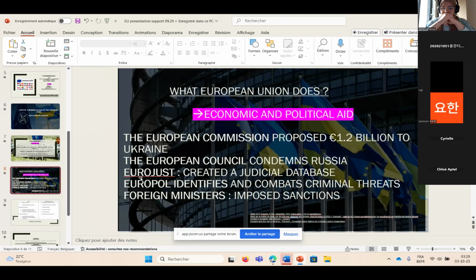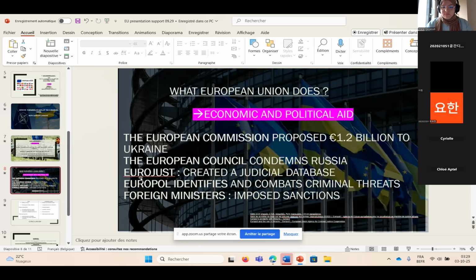The European Council condemned Russia for violating the United Nations Charter and territorial integrity. Another example is in 2023, when Eurojust created a judicial database to store evidence from various international conflicts. Europol identifies and combats criminal threats in order to protect countries.